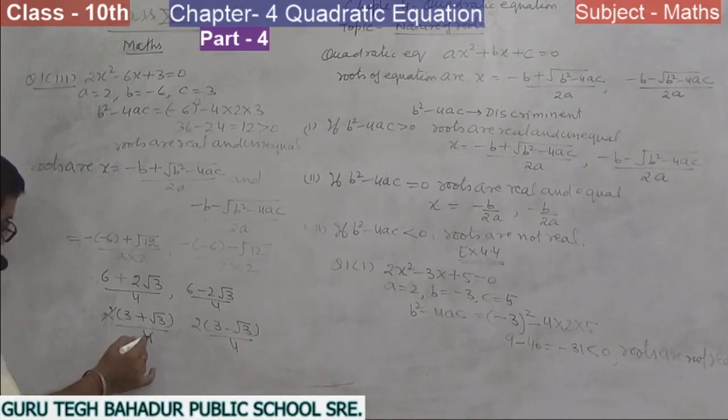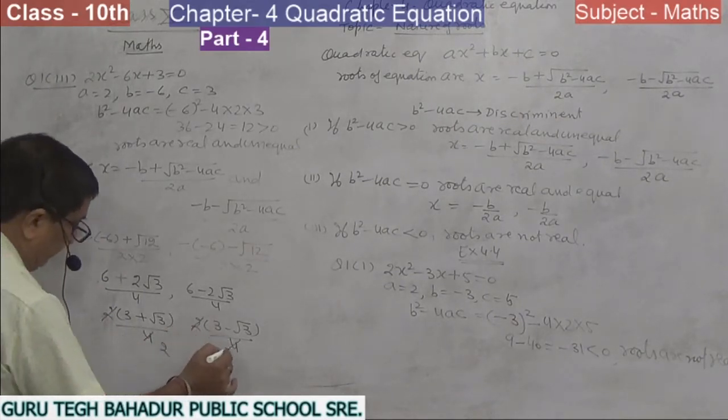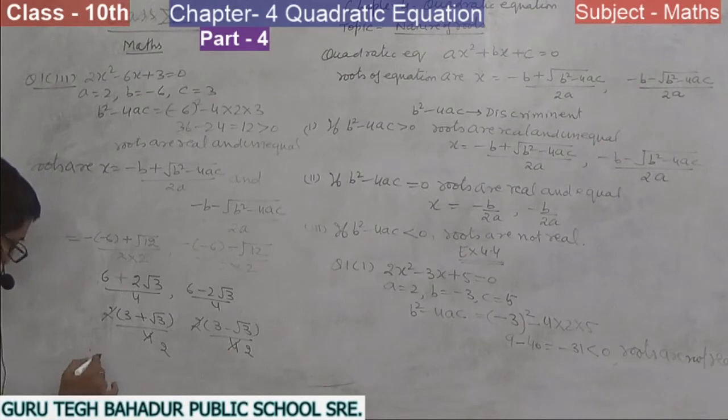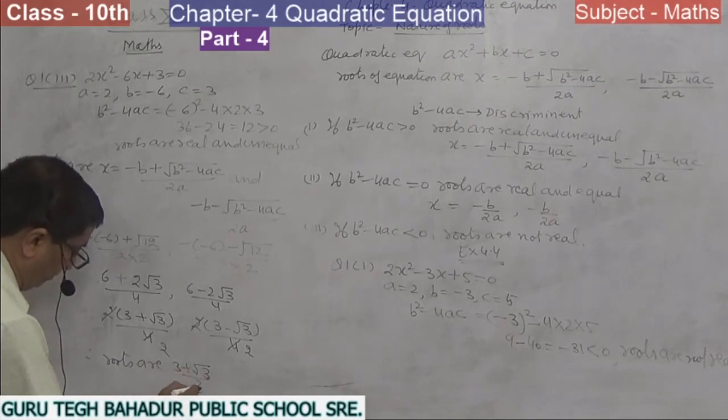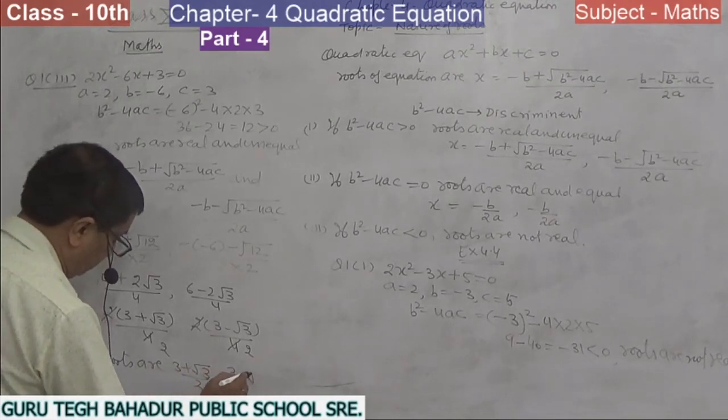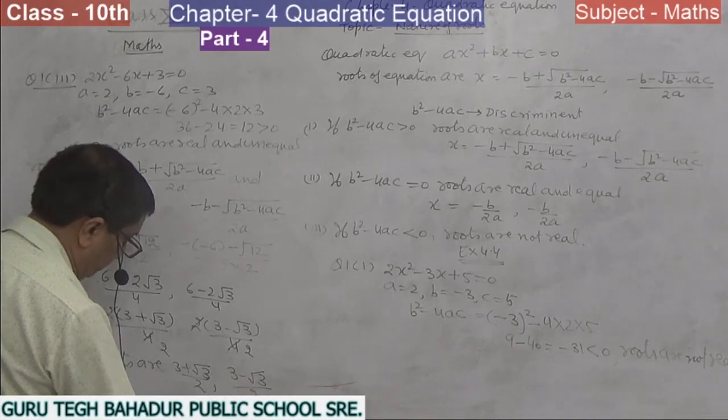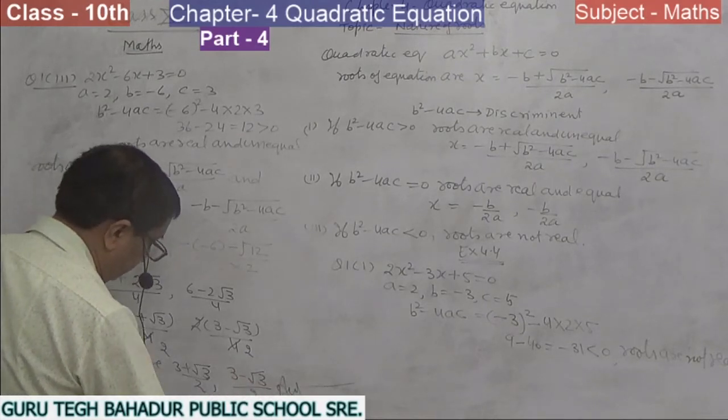This 2 cancels, so therefore roots are 3 plus root 3 upon 2, 3 minus root 3 upon 2. That is the answer.